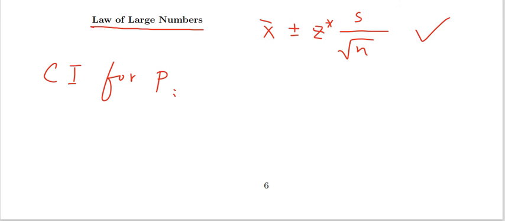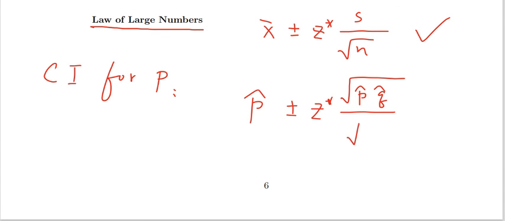So the formula is p hat plus minus Z star times radical of p hat q hat over n. Right? So this p hat q hat we can regard as sigma. No, this is s.